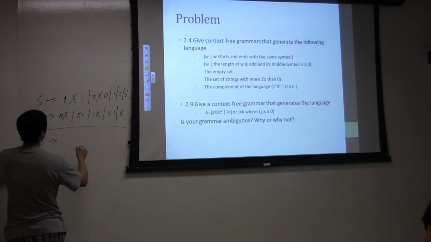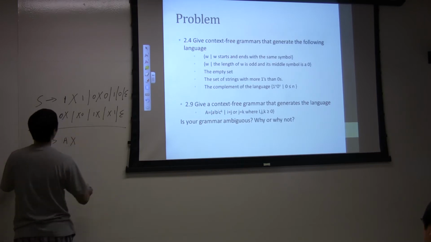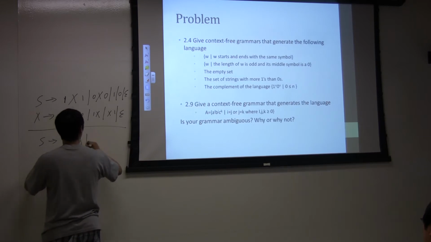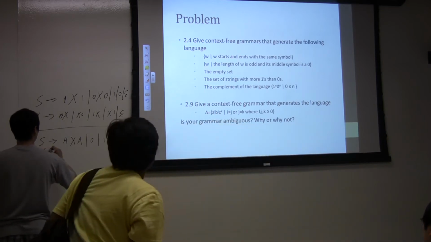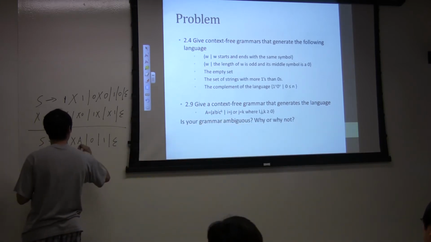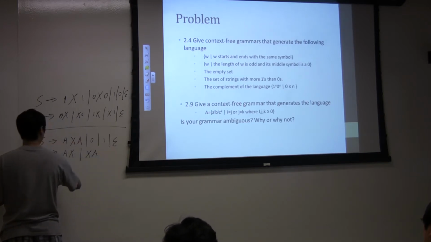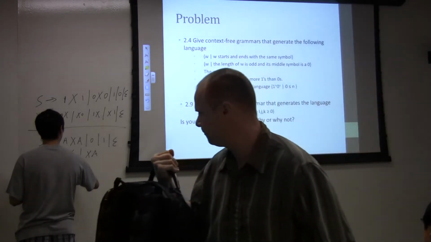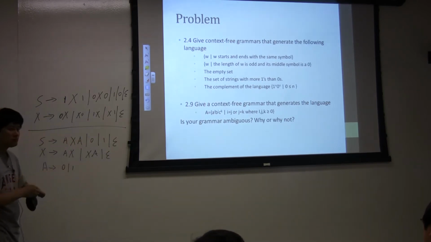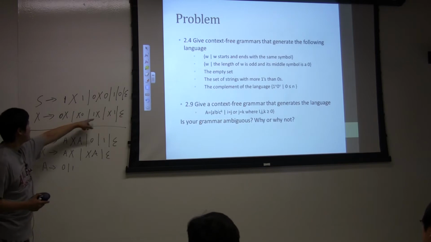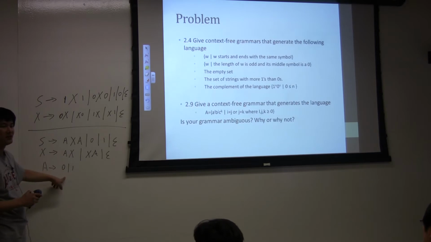Say S is, say, an arbitrary string A. Instead of writing 0, 1, 0, 1, you can use a variable to represent either 0 or 1.